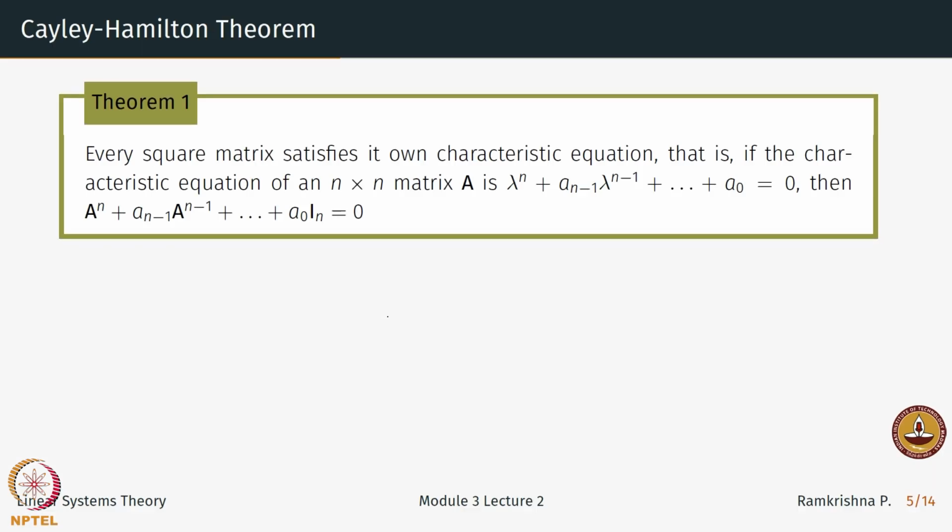Okay, the answer to that comes from the Cayley-Hamilton theorem. The statement says that each matrix satisfies its own characteristic equation, and therefore, A power n can be written as a linear combination of its lower powers, everything from here, right.